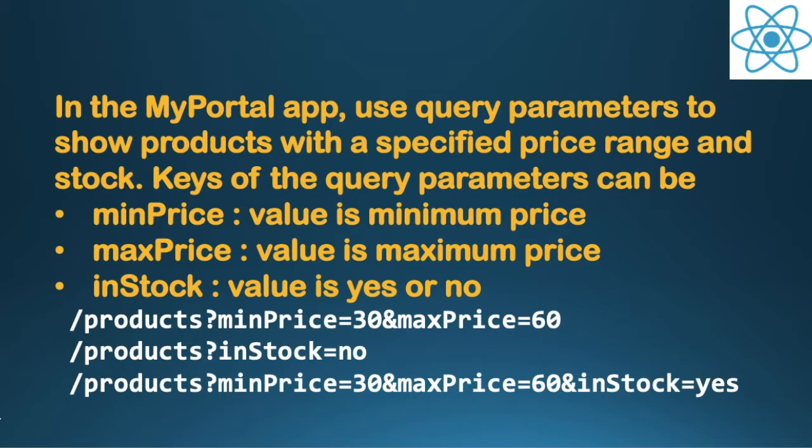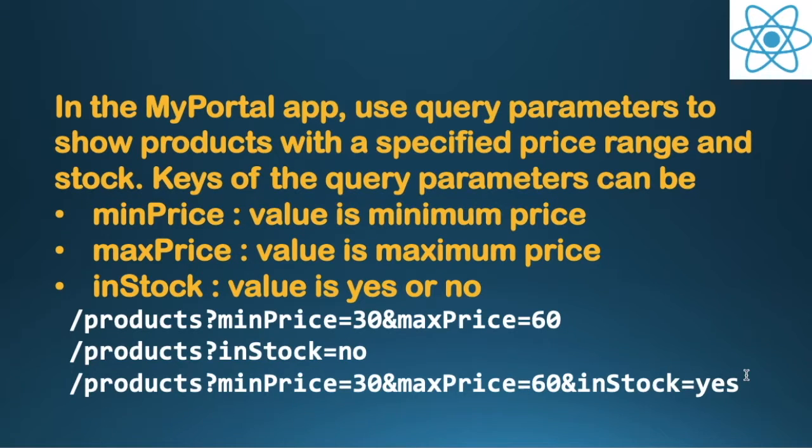Keys of the query parameters can be minPrice, the one that we did in the previous exercise, maxPrice, and inStock. inStock has a value yes or no. So the possible URLs, some of them have been given here. /products?minPrice=30&maxPrice=60. /products?inStock=no. /products?minPrice=30&maxPrice=60&inStock=yes. So minPrice and maxPrice are the prices, and for inStock the values we want to handle are yes or no.